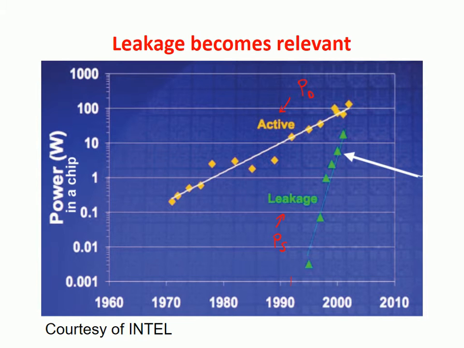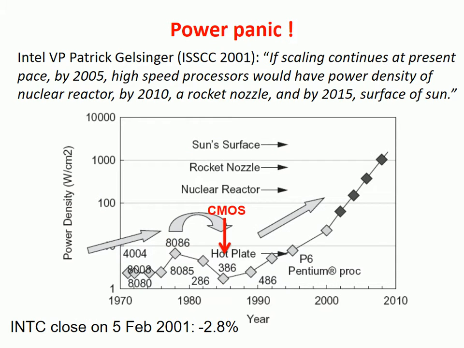Okay, so this was really a critical issue, and I already have shown this figure to you. This thing that happened in 2001 was actually triggered by this observation of the leakage power. Basically, the power consumption of a microprocessor from Intel was more or less constant until 92, in this below 10 watt range.